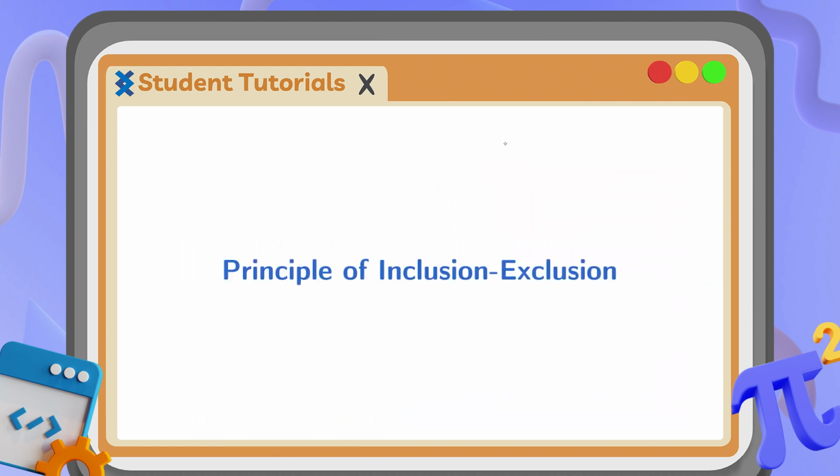So before proceeding to the principle of inclusion-exclusion, there is something that I forgot to discuss, which are set identities. With set identities, these are somewhat similar to your rules of logical equivalence in propositional logic.